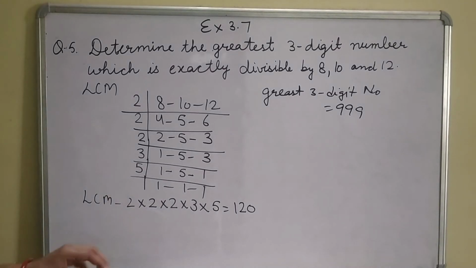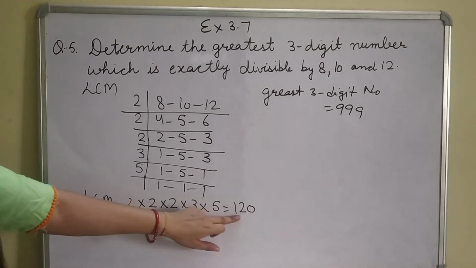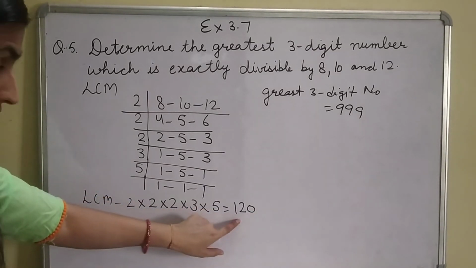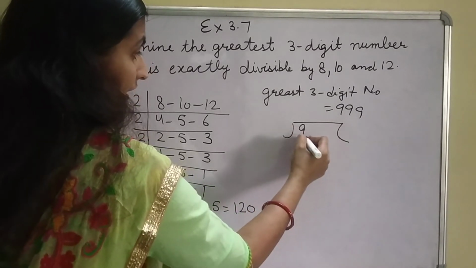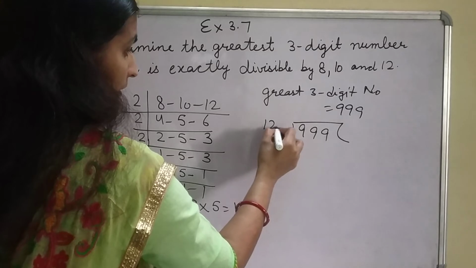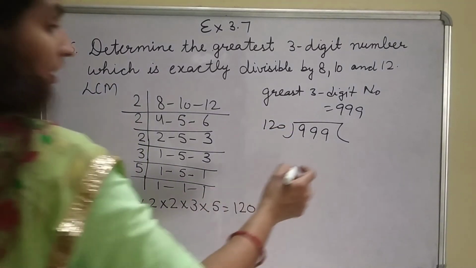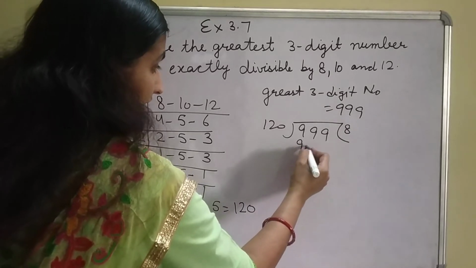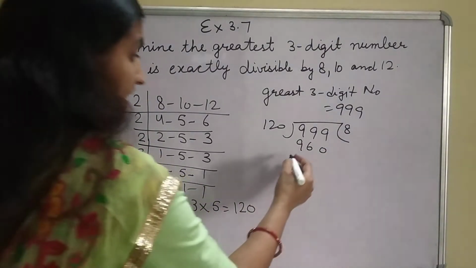What we require, the greatest 3-digit number, must be a multiple of this, which means it will be divisible by 120. So let's check whether 999 is divisible or not by 120. Now 12 8s are 96, so 120 8s are 960.